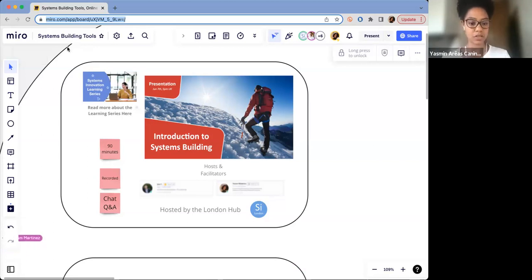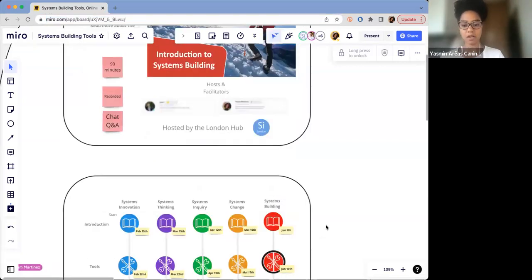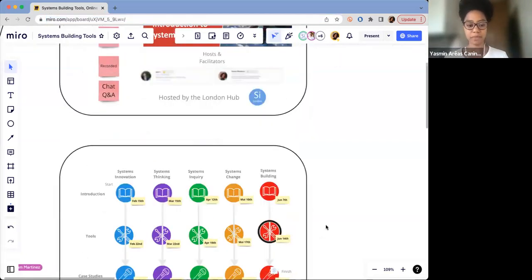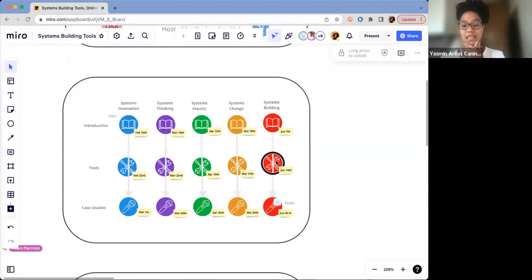And good. So today we're going to use the mirror board quite a lot, so it's good to get started on that. So as I said, this is part of the learning series of the SI London Hub, and today we're here in the tools for systems building, the second to last session on this learning series that we've started in February.